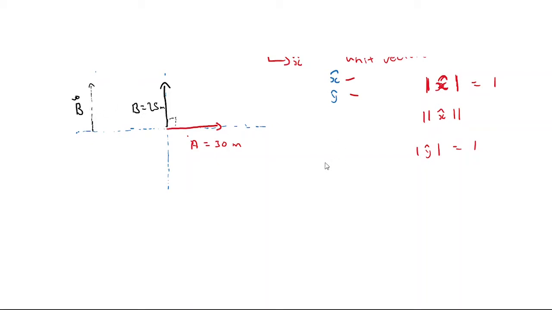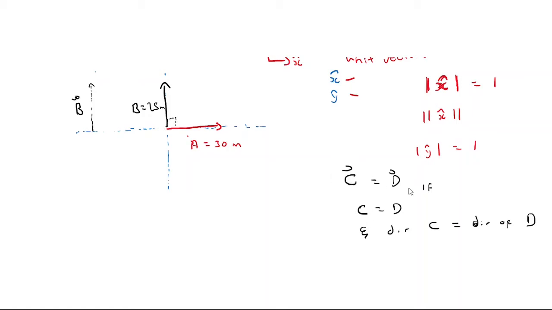So we talk about the equality of vectors. We say vector C is equal to vector D, let's not call it A in this instance because I have A already, if the following is true: if the magnitude of C is equal to the magnitude of D, and the direction of C is equal to the direction of D. So if they are facing in the same direction and they have the same magnitude, then these two vectors are equal.